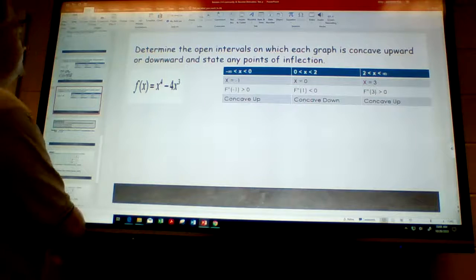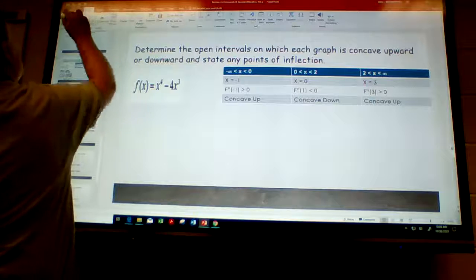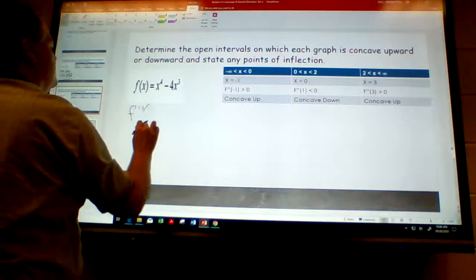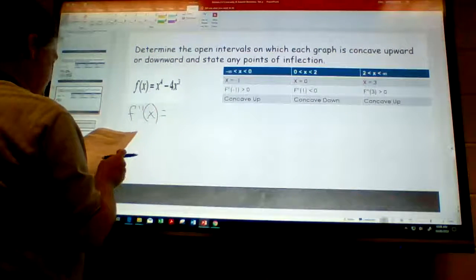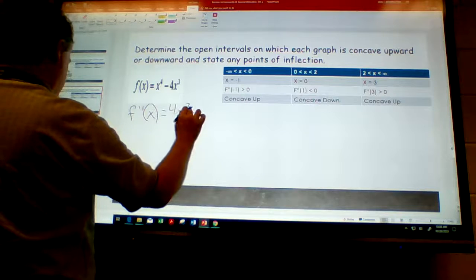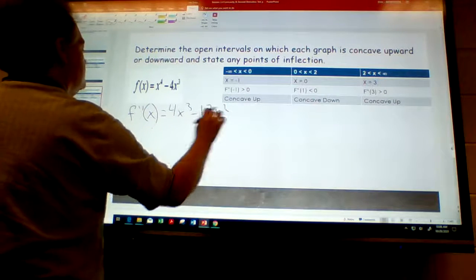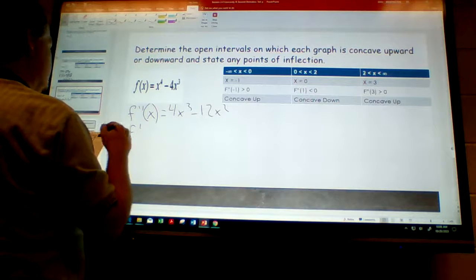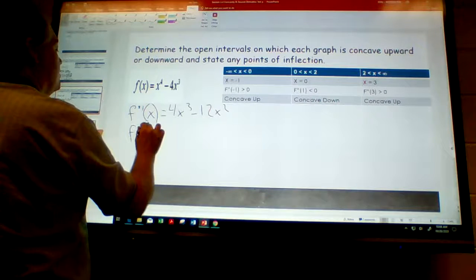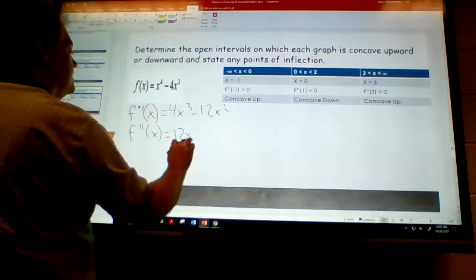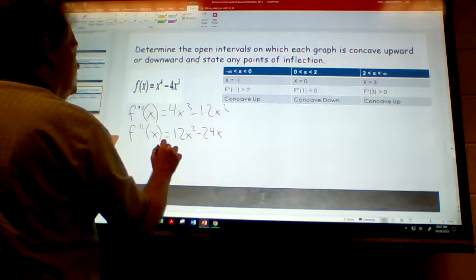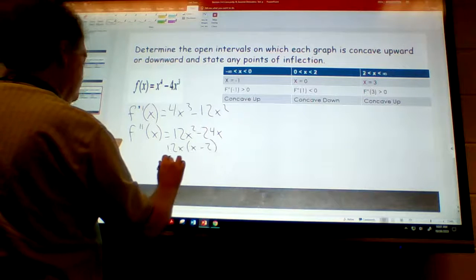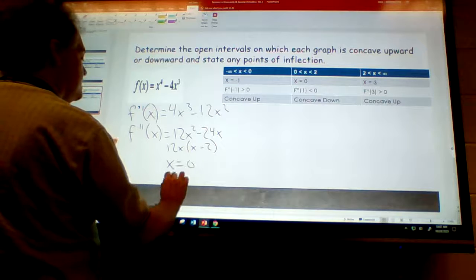All right, now for the next one, it's pretty quick. You just need to know that f of x equals x to the fourth minus 12x cubed... sorry, f prime is 4x cubed minus 12x squared, and f double prime is going to be 12x squared minus 24x, which ends up giving us 12x times (x minus 2), which means our x values are 0 and 2.